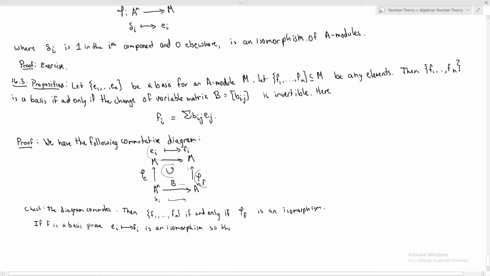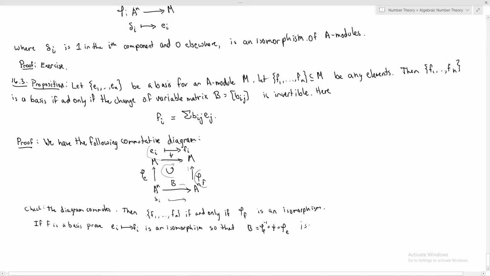So that this map B, given by the matrix B, is the same as first do phi sub E, then do this top map, which I'll call, I don't know, psi. Then do psi. Then do phi sub F inverse.